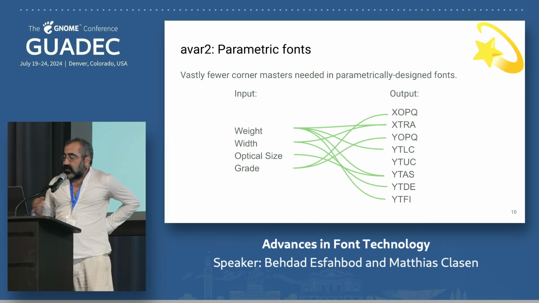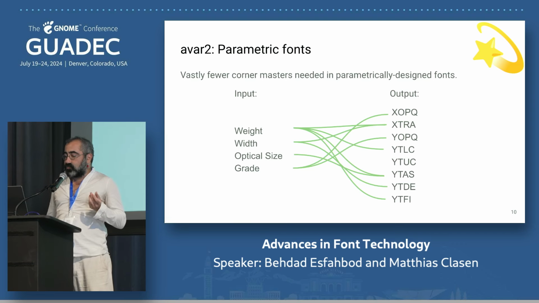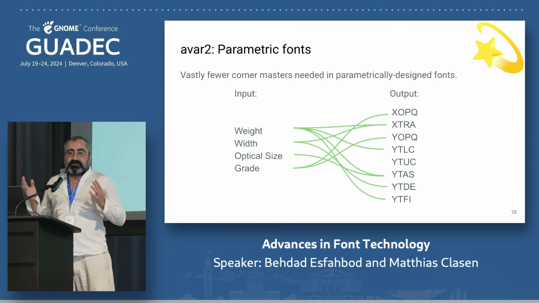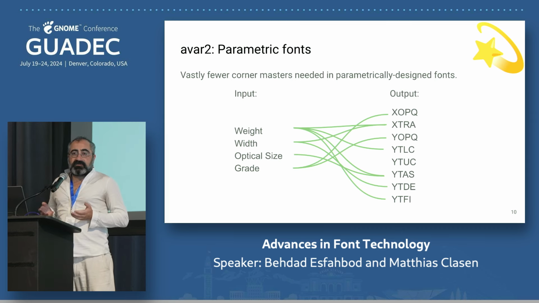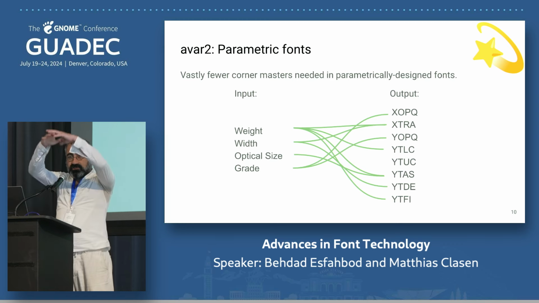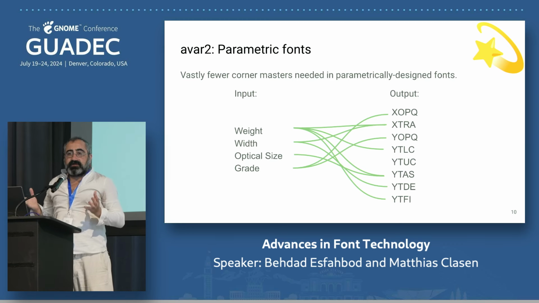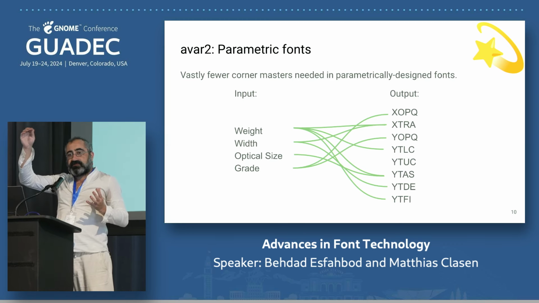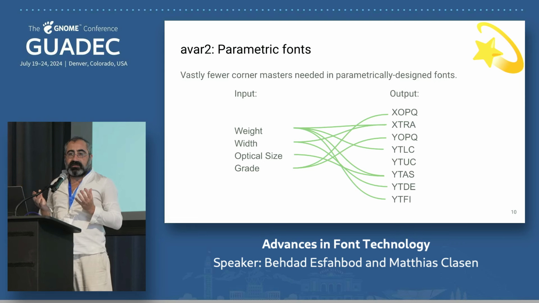So this is, on the input side, you have the variations that the font can have: a weight, width, optical size, and grade. And normally, when you have 4 axes, you have something like 3 to the 4 corners of this cube that they make. And typically, you have to specify the shape at every corner. That's like 81, what we call masters.